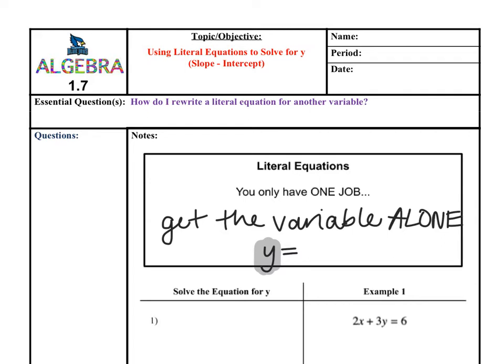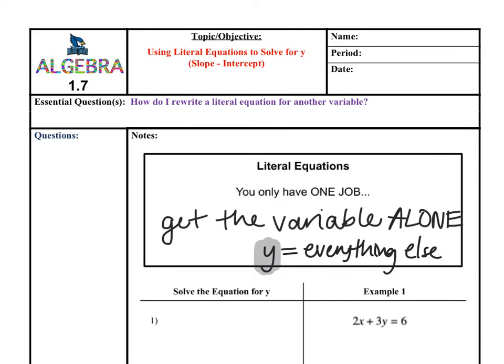I do not care what's over here, but it's going to be everything else. So everything else that's part of the equation, whatever it is, goes on the other side. But you are trying to get the variable alone. In your case today, it's going to be y.